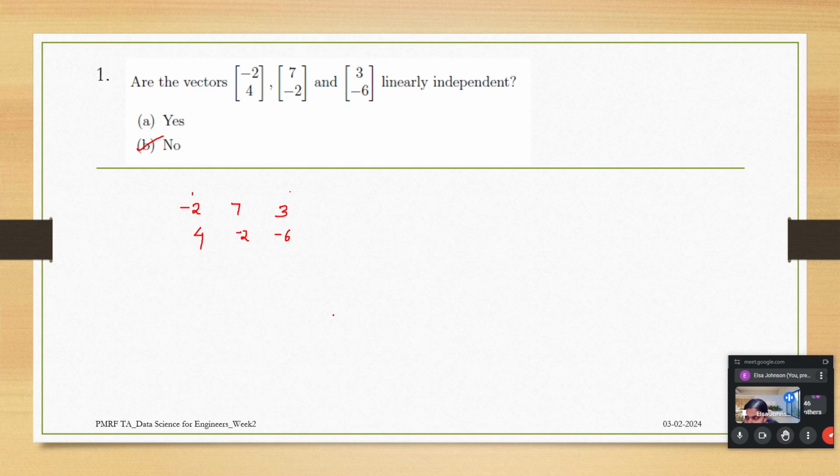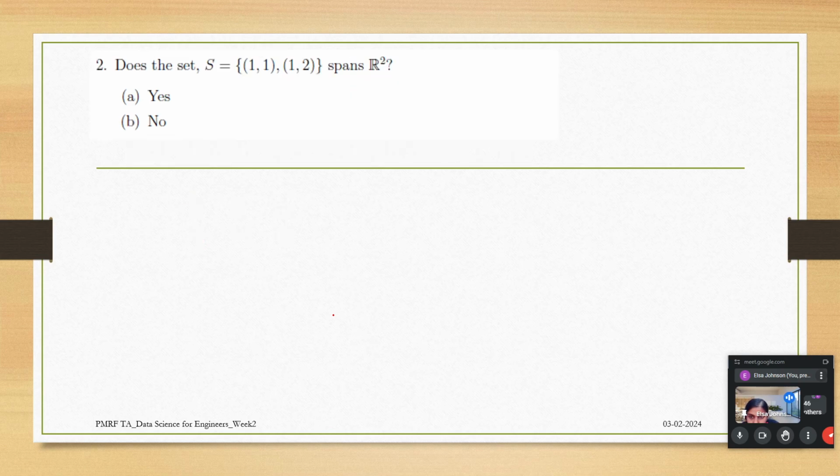So anyway, first thing itself, you know that it can't span the entire R2 space, or otherwise you can just see like this also. Okay, now does the set, so this will be like the answer, does the set 1, 1 and 1, 2 span R2? Yes, so the third will be dependent.